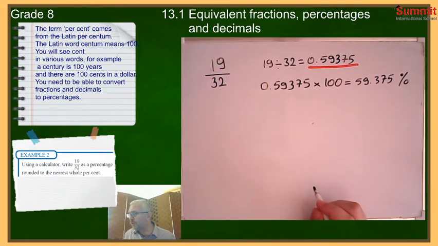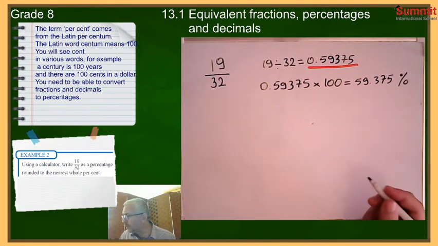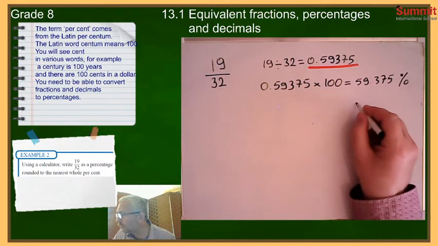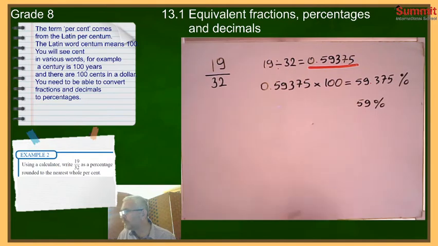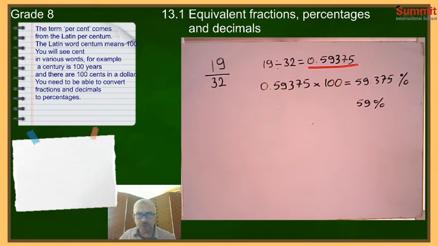If we round this to the nearest whole percent, it will be 59%. With this we finish our second example. Let's go to the next one.